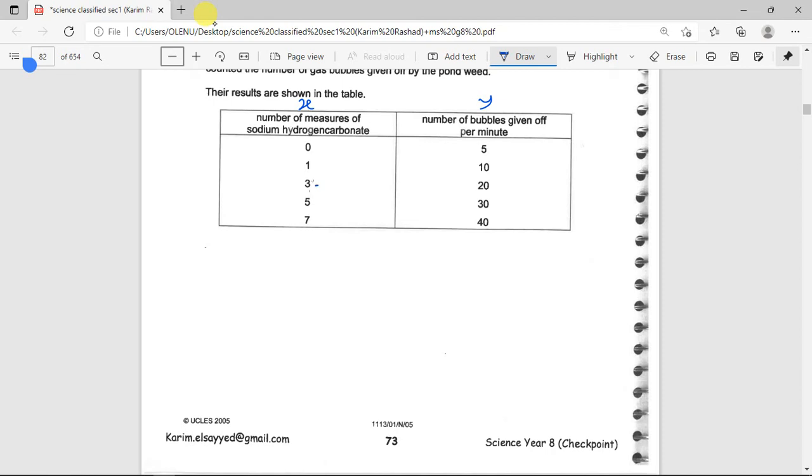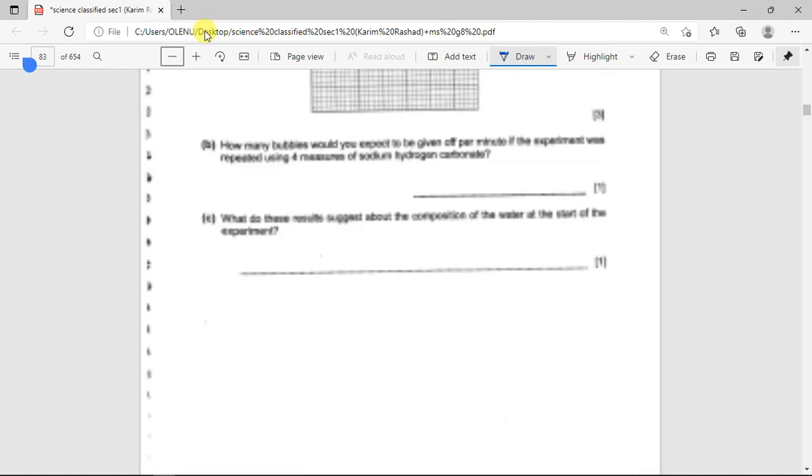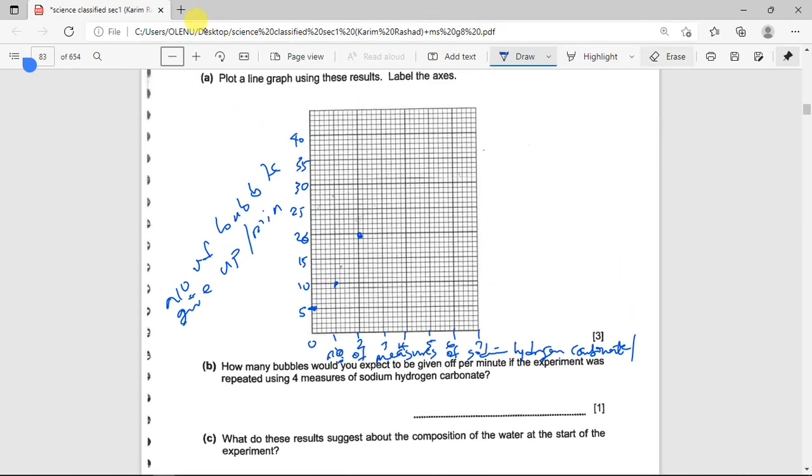There's no 2, so at 3, 20. At 5, I have 30. And at 7, I have 40. So it's a straight line graph.